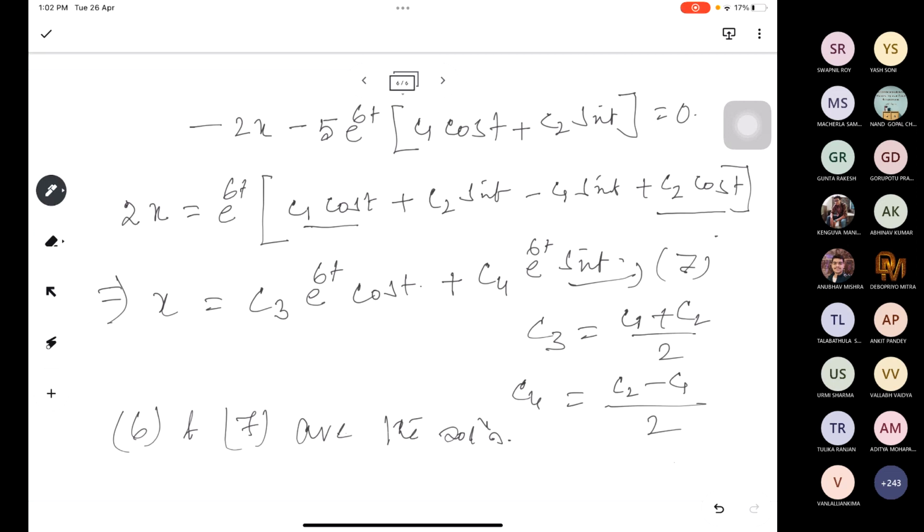Is there any doubt? Ma'am, this kind of answer, is it given in the practice problems? I will be giving you practice problems and answers. Ma'am, is the practice problem answer available somewhere, so we can check our answers when doing it ourselves?